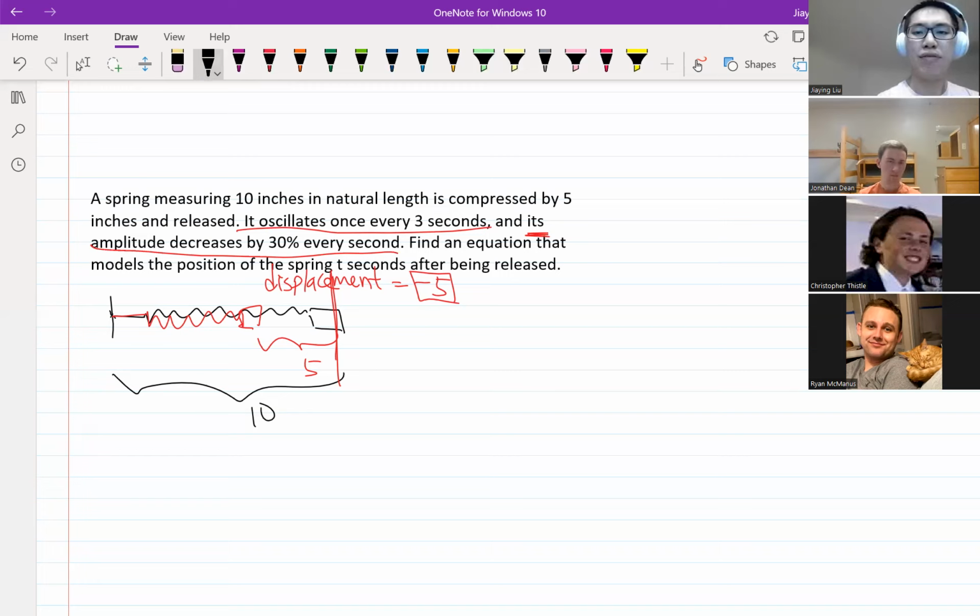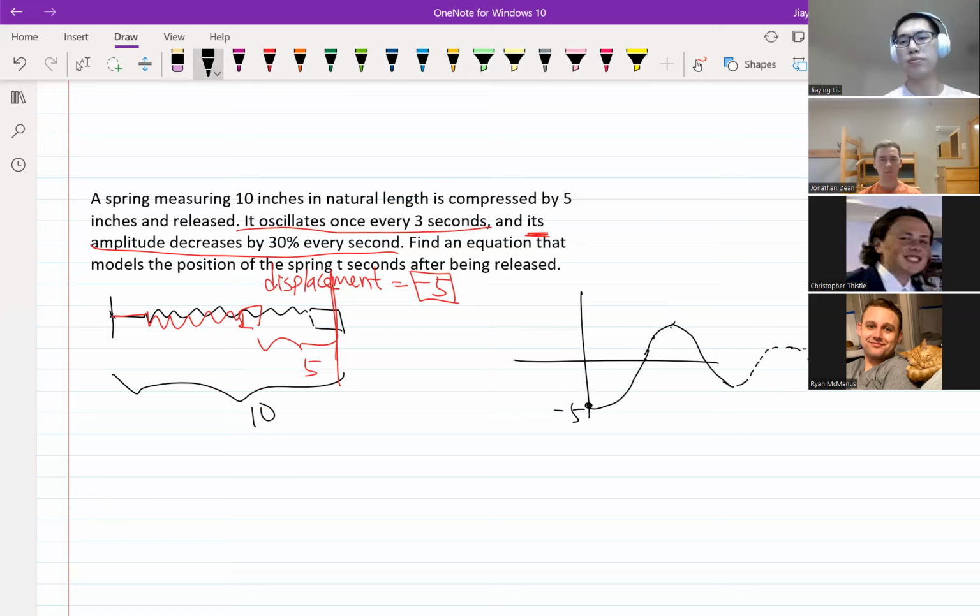So if we were to graph it, the spring has a position of -5, and then it probably returns to the natural position, and it's going to go up, but it probably isn't going to reach 5 because the amplitude decreases. So it's going to reach some maximum height, and then it's going to come down, and it's probably not going to reach -5. It's going to reach some lowest point, and then it's going to go up, go down like this.